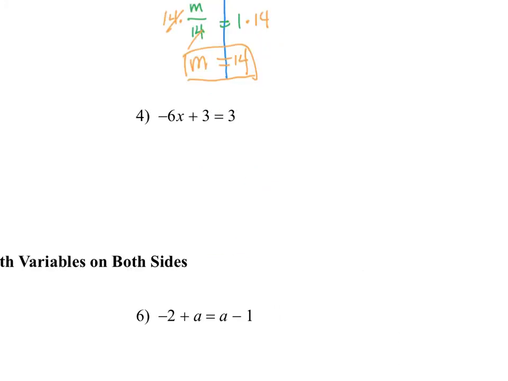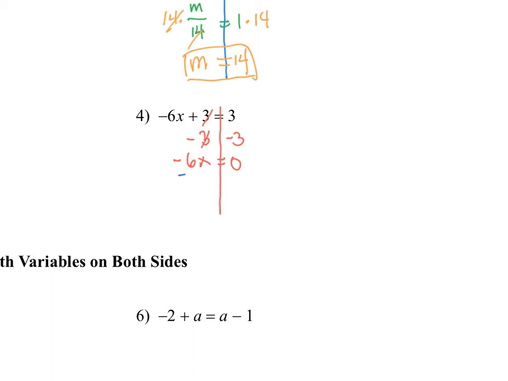Question 4 is similar to question 3, but we'll just follow those same steps every time. Draw your line down the equal sign. Subtract the 3 from both sides because we can see we're multiplying by -6, adding 3. So 1 minus 3 on each side. -6x equals 0.